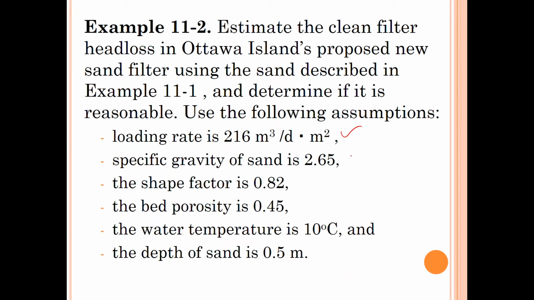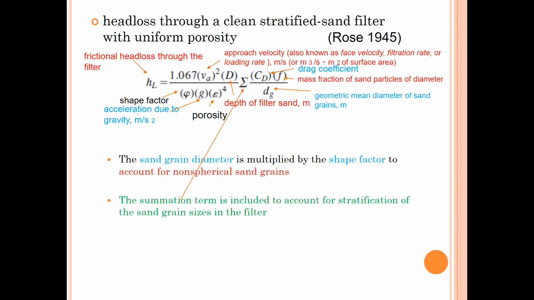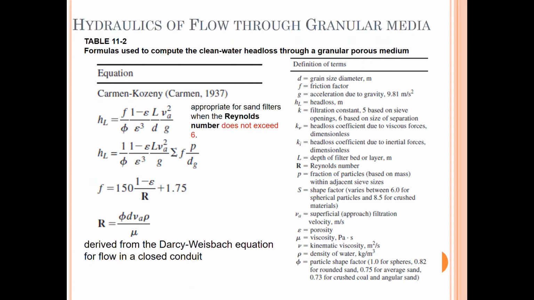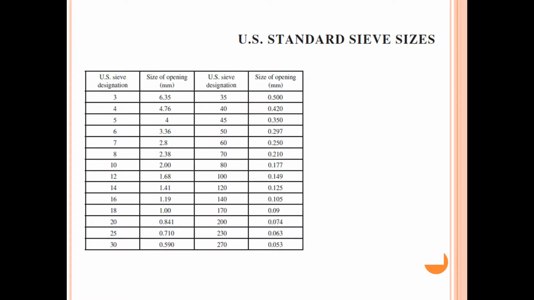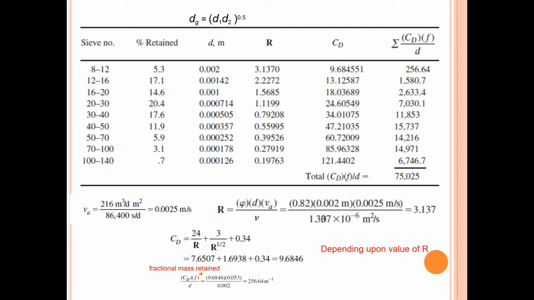We have the specific gravity of sand, the shape factor, the bed porosity, and the temperature is given, so we can find the viscosity, and the depth of the bed filters. This is here. So we will use this information in 11-3. We are also going to use some information from the sieve analysis we obtained in 11-1.